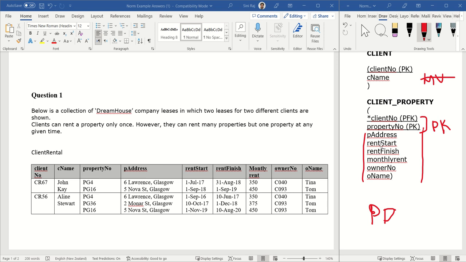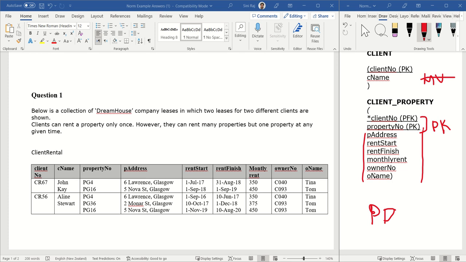When you think about rent start and rent finish, they require both the property number and the client number. Say in a building, if you have a particular flat for sale, you require both pieces of information to determine rent start and rent finish. But monthly rent is for a particular property, and owner is for a particular property. Owner name is that of a property.